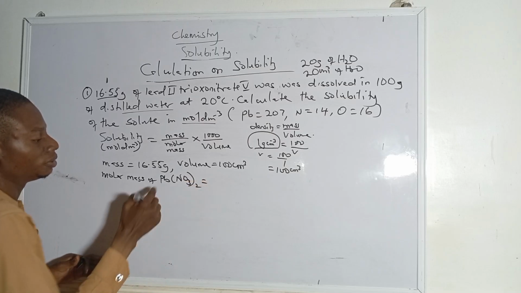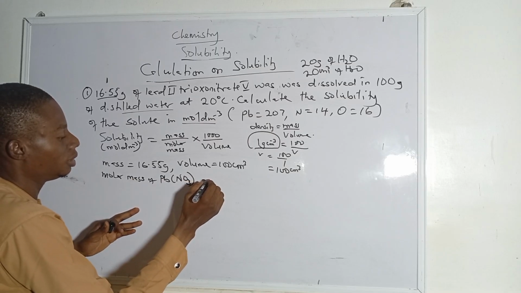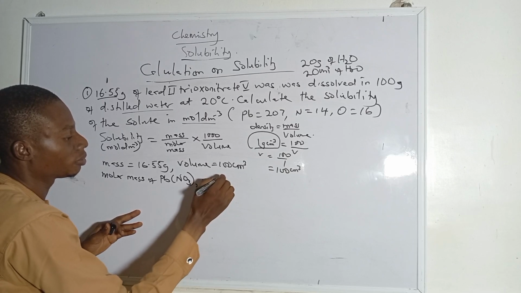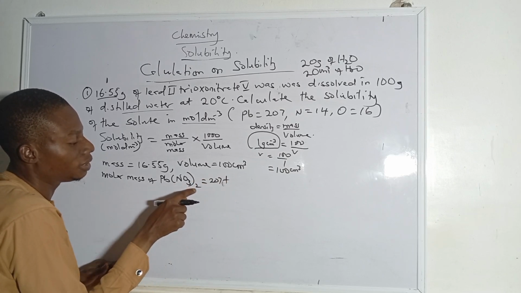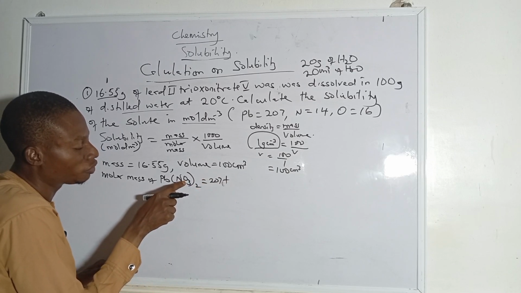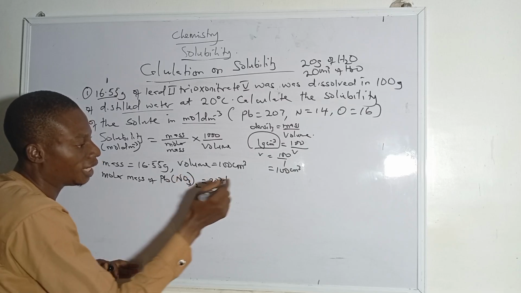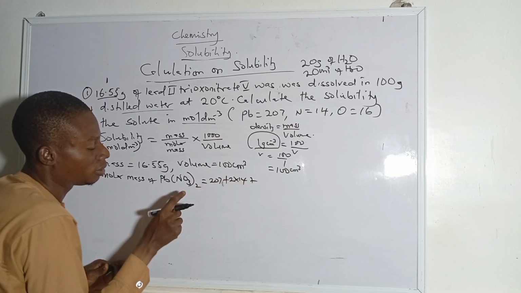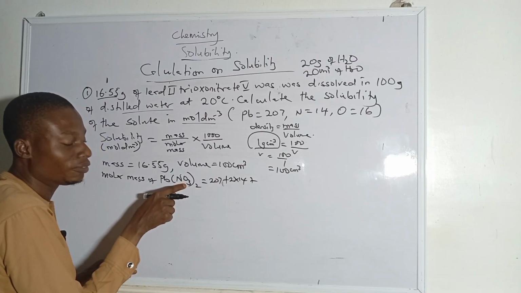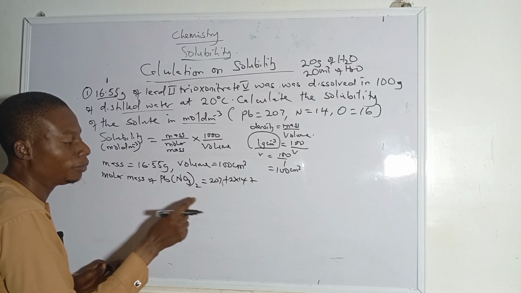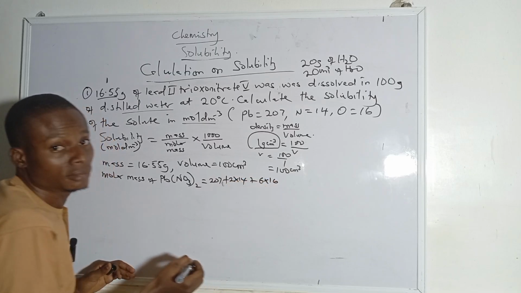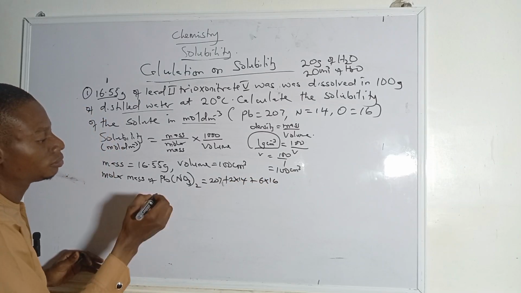So it will now be lead, which is 207, plus, so this 2 is for both oxygen and nitrogen. So nitrogen will be 2 times 14, plus, now this 2 is also for oxygen. Oxygen is having 3 inside, so it's multiplication. So 3 times 2 is 6. So that will be 6 times 16.